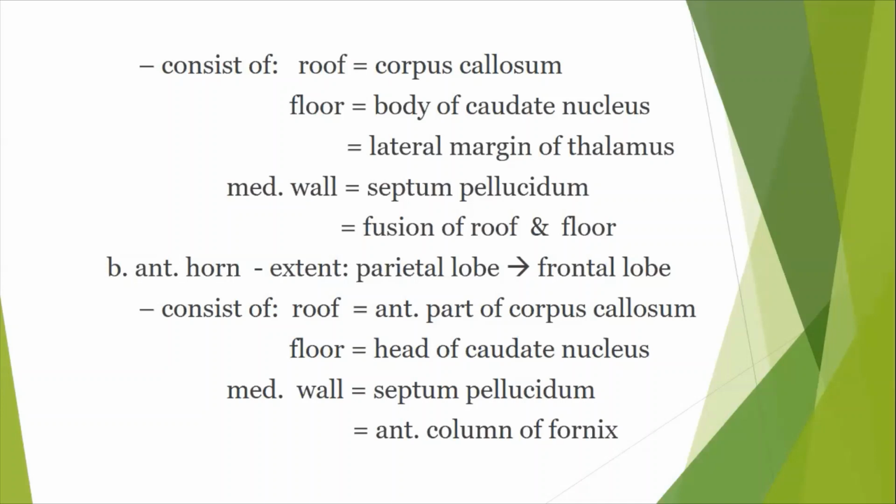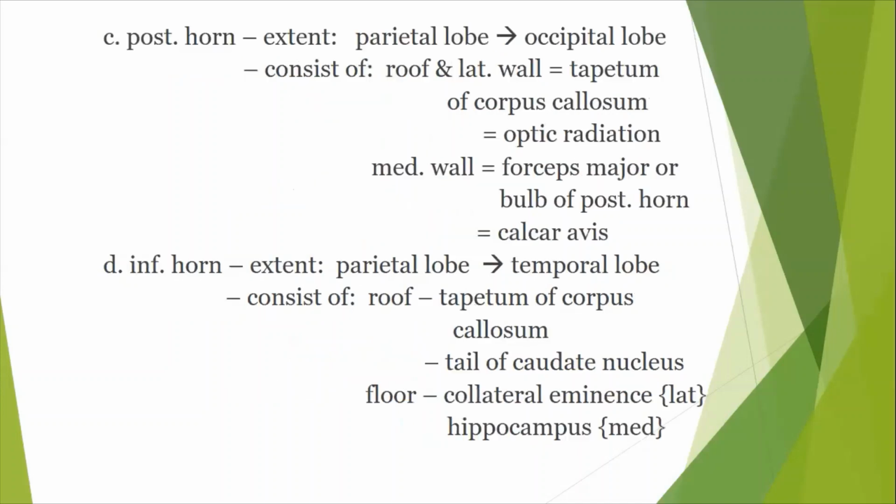And this will consist of a roof formed by the anterior part of the corpus callosum, and the floor will be made up by the head of the caudate nucleus. The medial wall will be formed by the septum pellucidum and the anterior column of fornix.